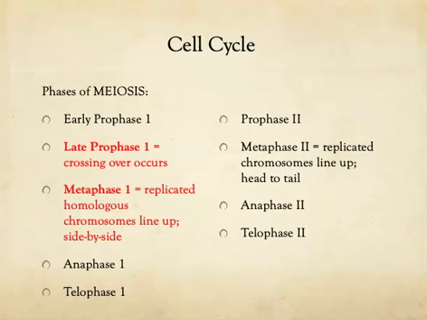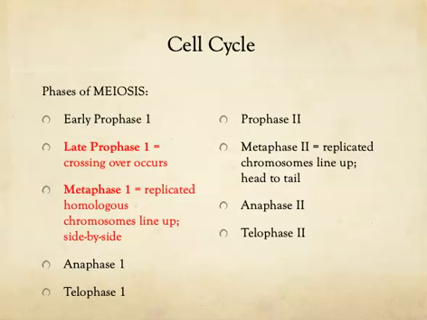We just don't give it a named stage. So while we don't list prometaphase in here, it's essentially still happening. The nuclear envelopes have to break down and release the chromosomes in order for the rest of the stages to occur.